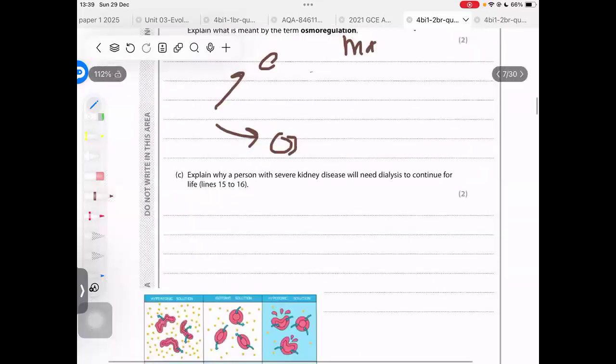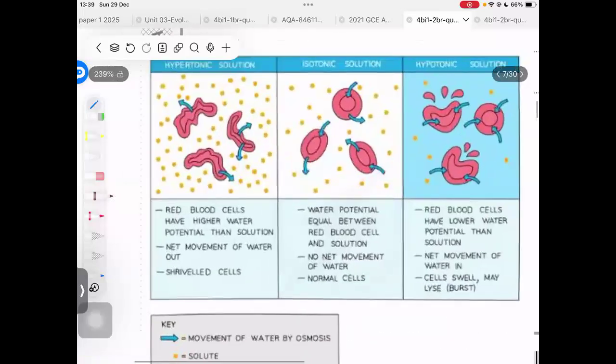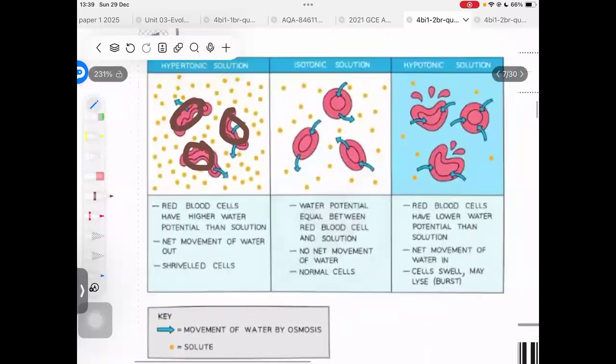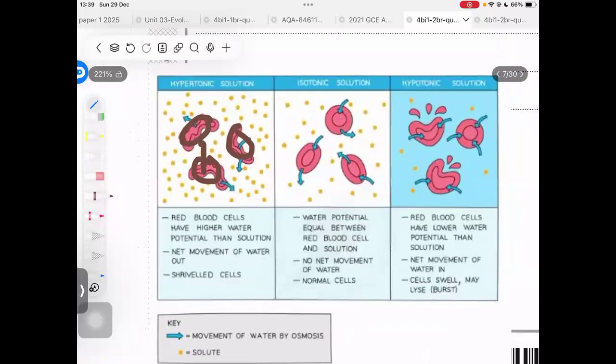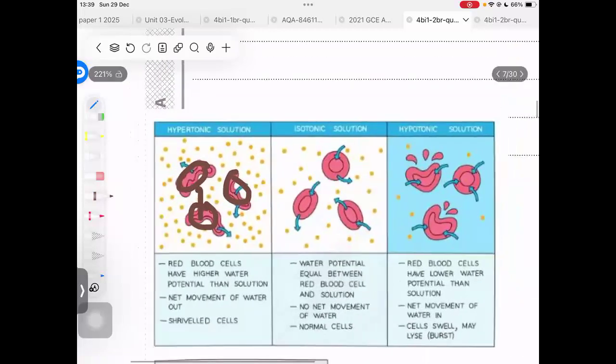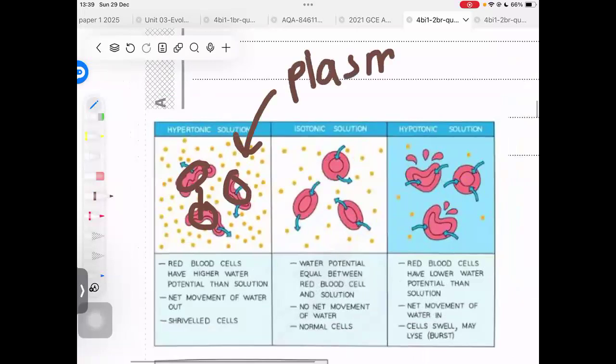For example, if you take our body cells, the solution outside is blood plasma in our cells.